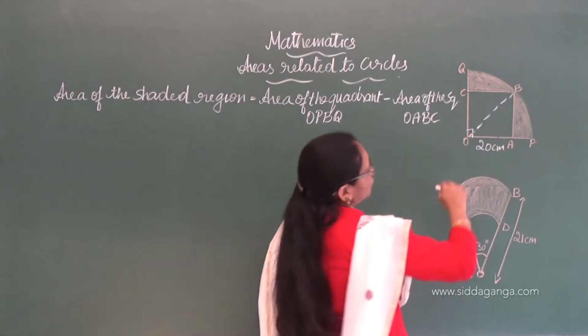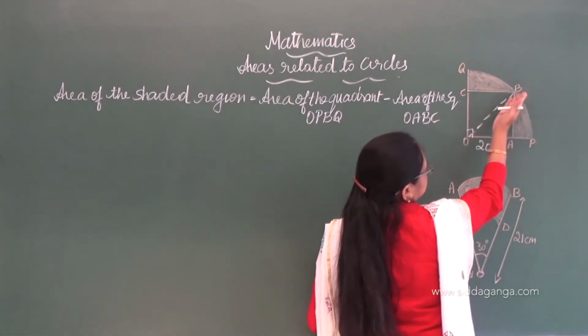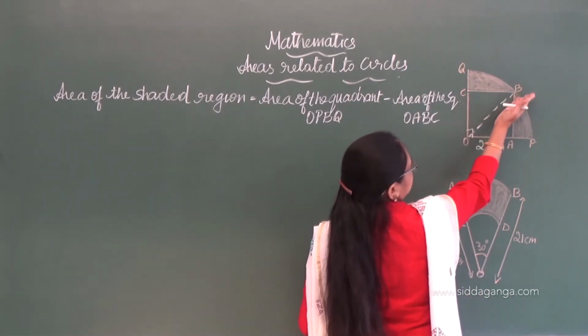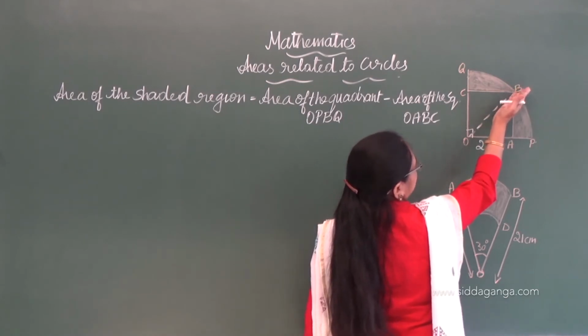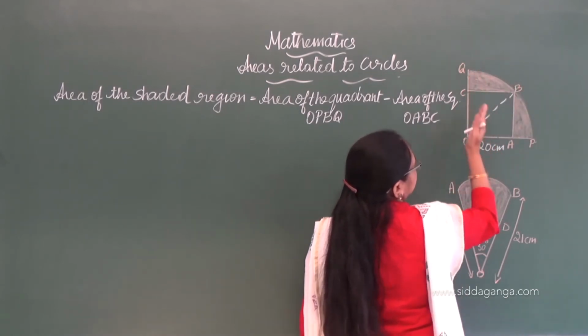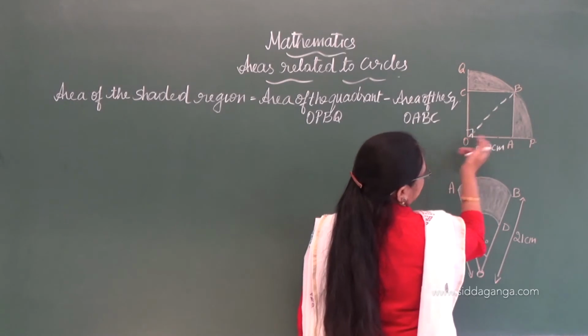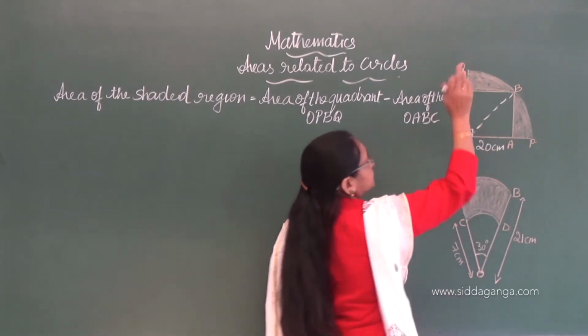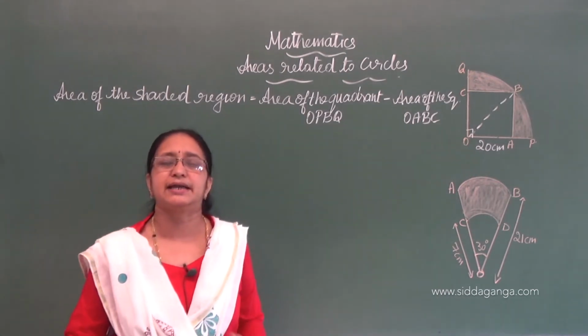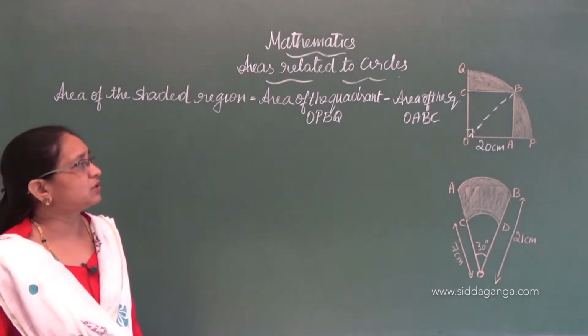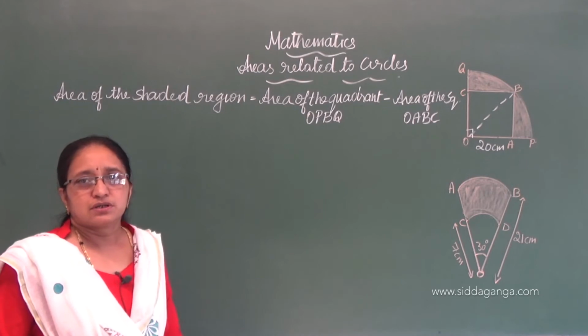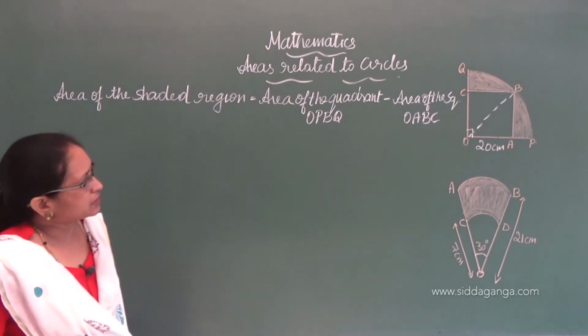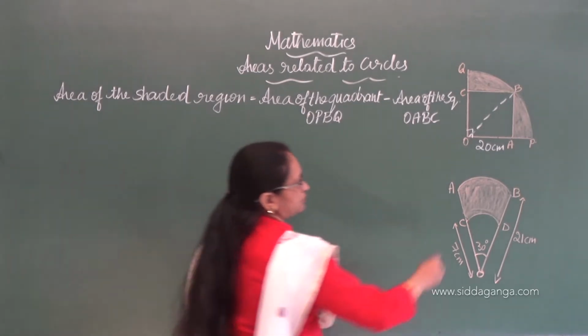Just imagine OB, if it coincides with OQ, and if OB coincides with OP, then OB is equal to OP is equal to OQ, means that is nothing but the radius of a quadrant. Is it clear? So our duty is to find out OB.